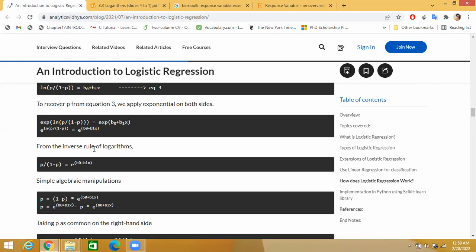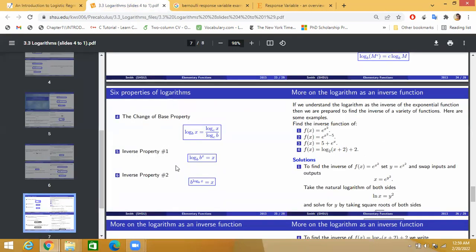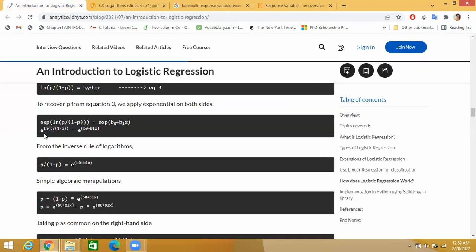Now from the inverse rule of logarithm, I will show you what it is. If we have b power log base b of x, then it becomes x. It is a similar form to e power log of p divided by 1 minus p.